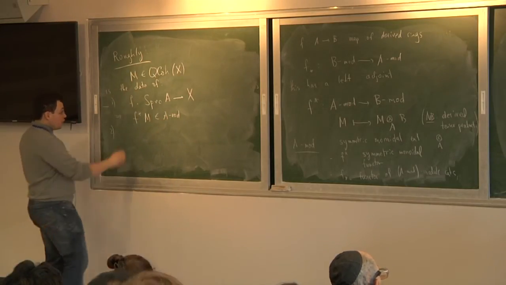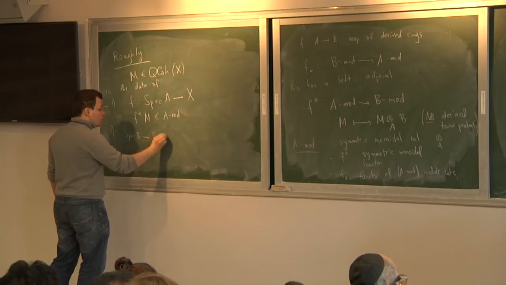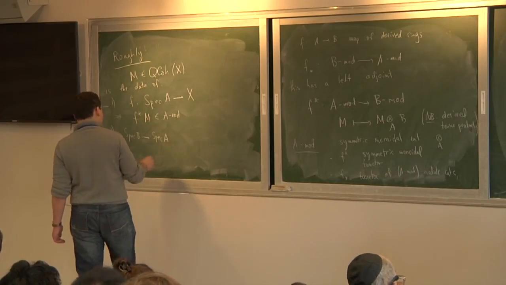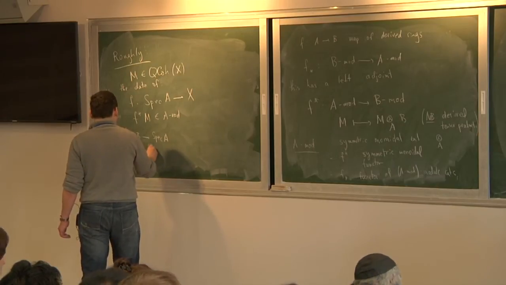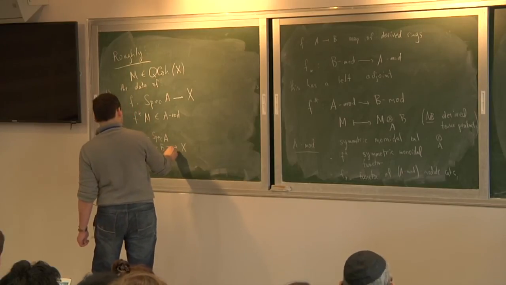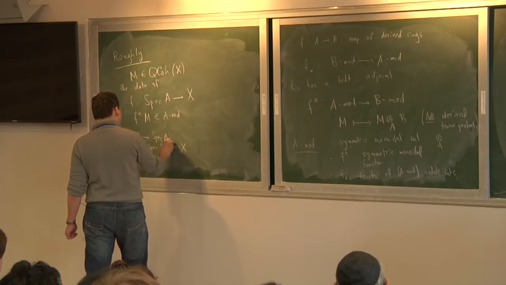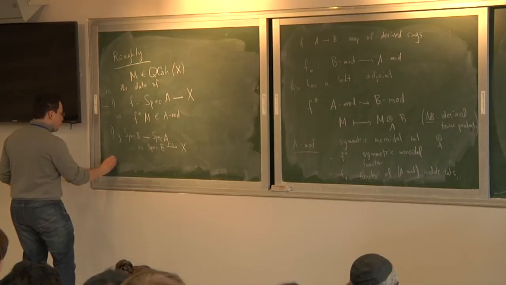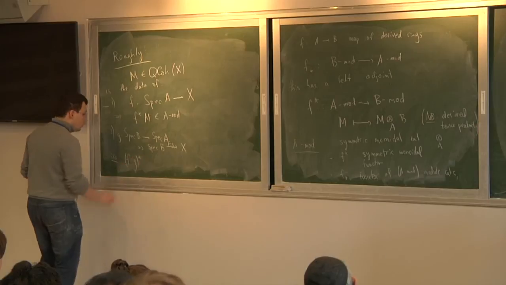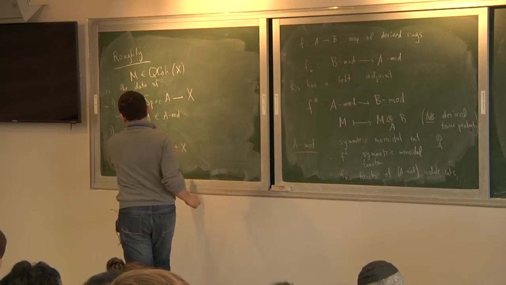Second piece of data is that if we have a map from spec B to spec A, let's call it G, this gives us a composite map from spec B to X, which is F circ G. So we're supposed to give an isomorphism between, well, we can take the module associated to this composite map.